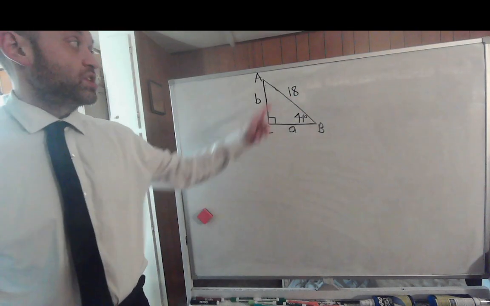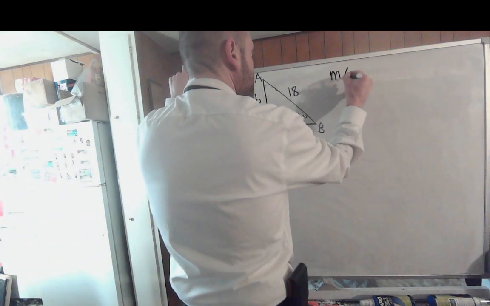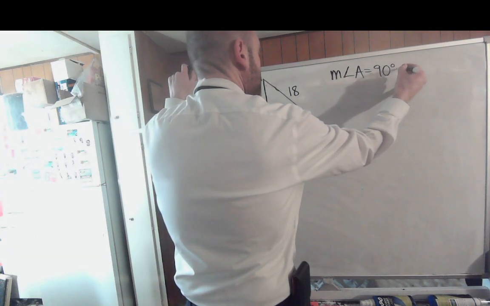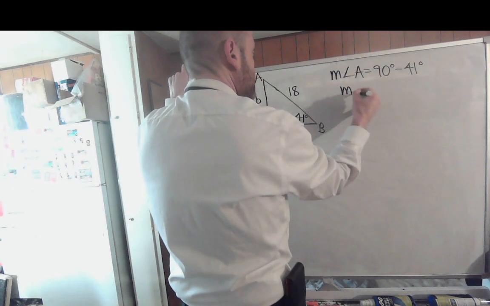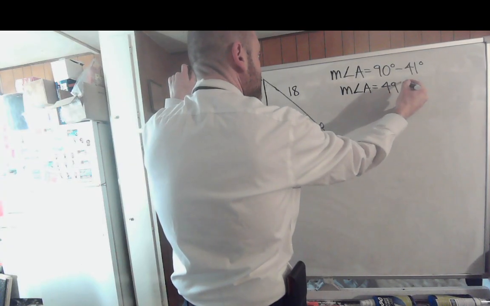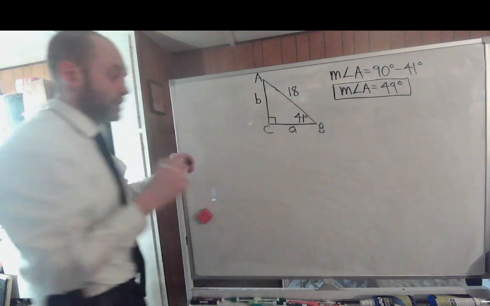First, again, let's solve for angle A. The measure of angle A, since this is a right triangle, is simply going to be 90 degrees minus 41 degrees, which means that the measure of angle A would have to be 49 degrees. So we just found the measure of angle A to be 49 degrees.